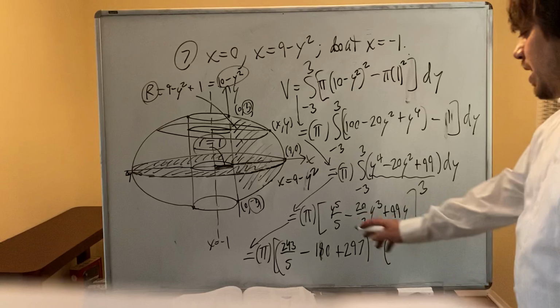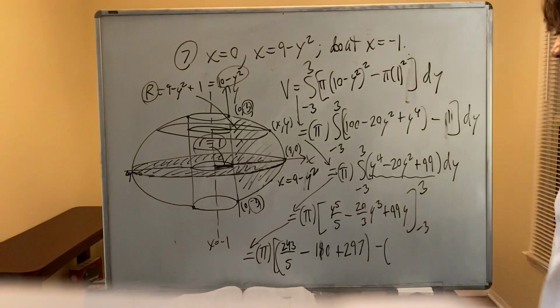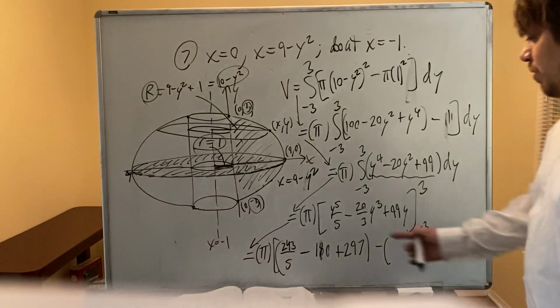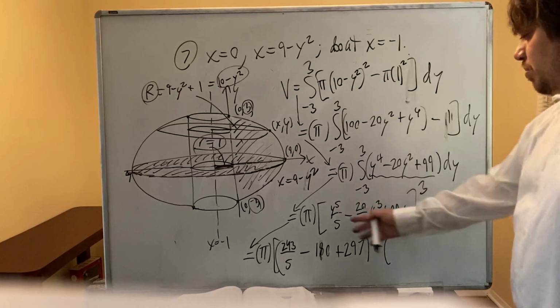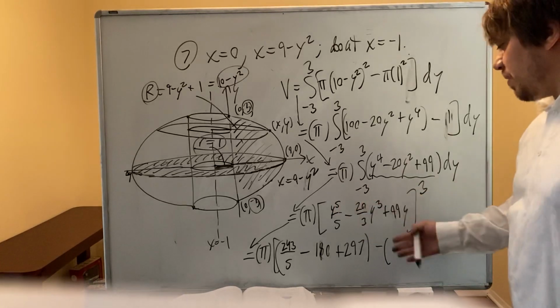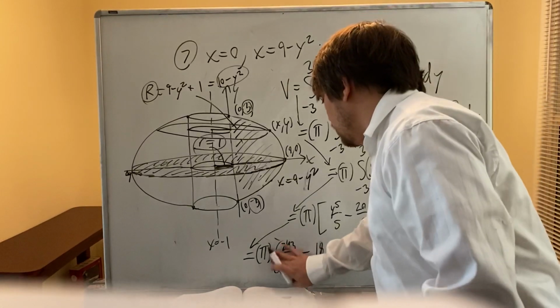If you plug in a -3 everywhere, you're going to get the negative of that. Because it's y to the 5th, y cubed, and y, if you plug in -3 instead, you get the negative of it. But you're subtracting the negative of it, which means you're adding another one of these. So there's 2 of these.